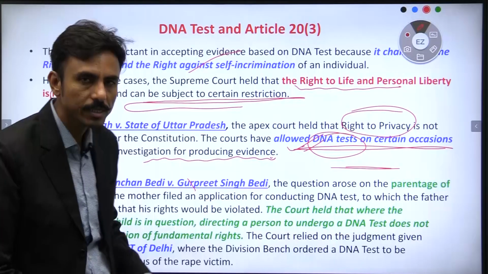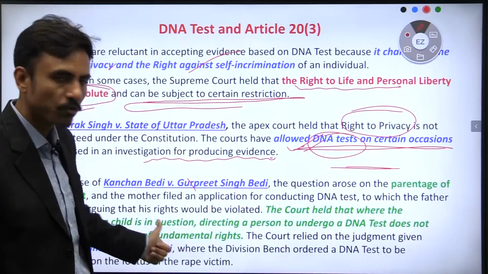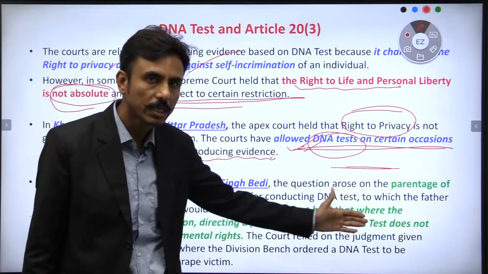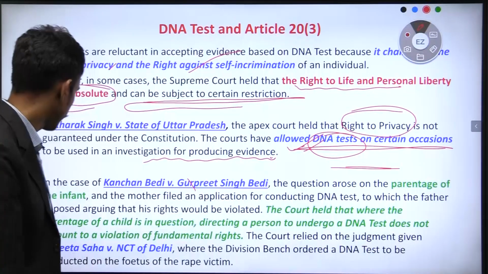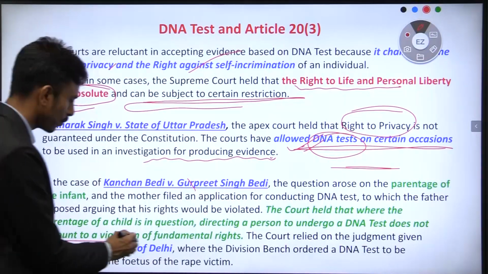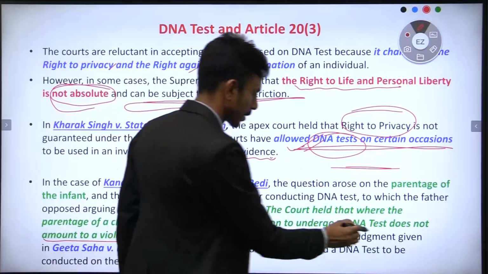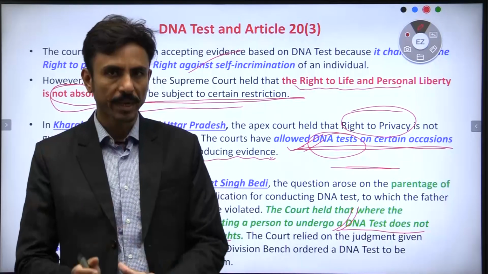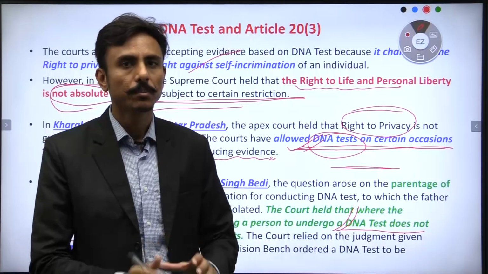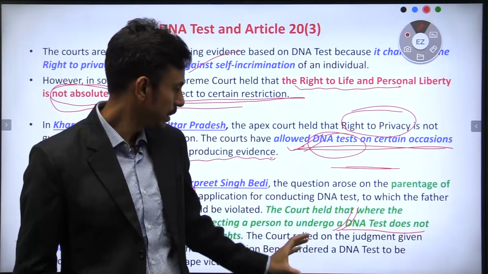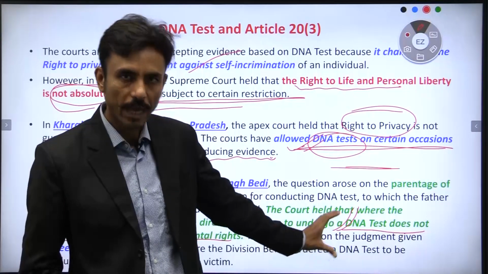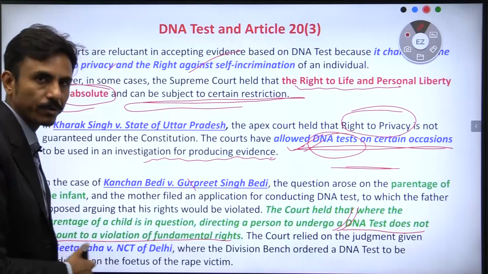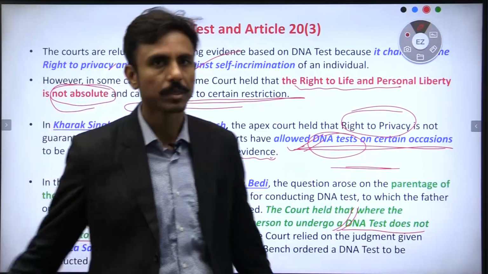But the court held that where the parentage of a child is in question, directing a person to undergo a DNA test does not amount to violation of fundamental rights, right? Therefore, if you have to identify the parentage, that means who is the parent of that child, in these cases the DNA test can be done. It does not violate Article 20 clause 3 or any other fundamental right, right?